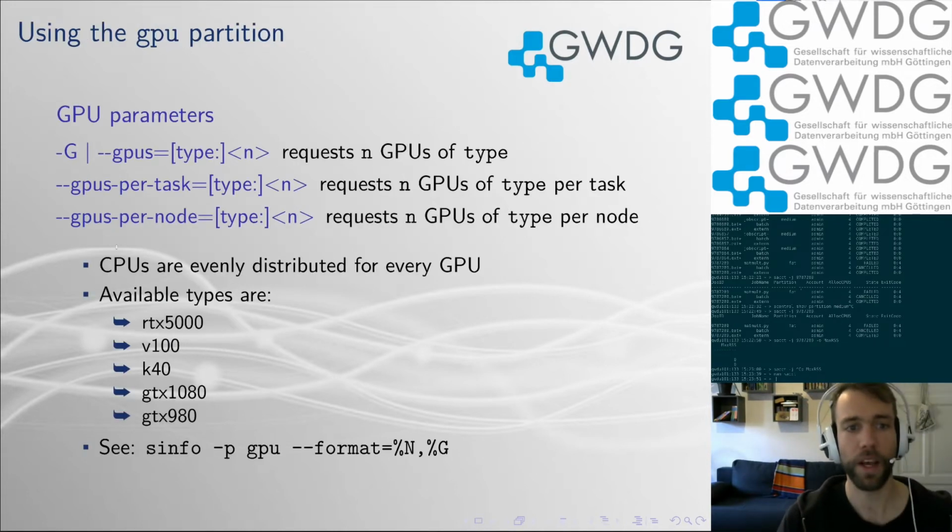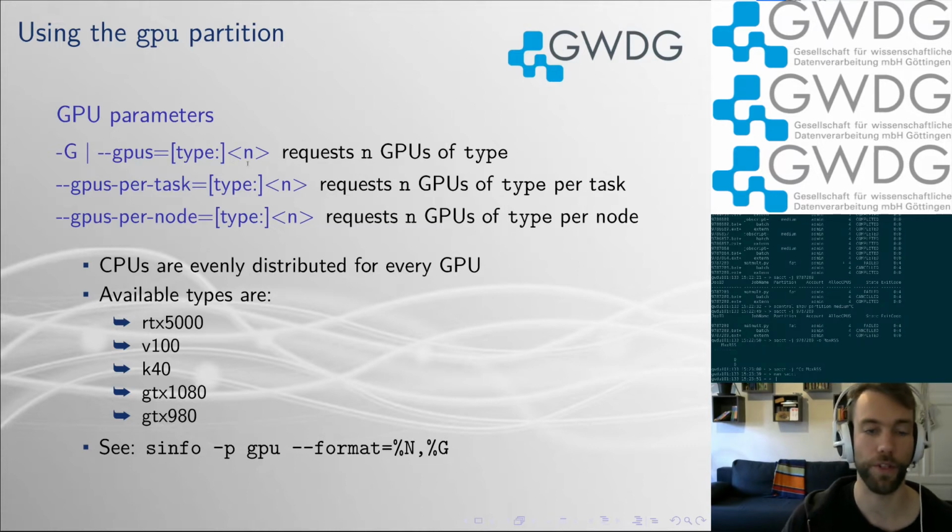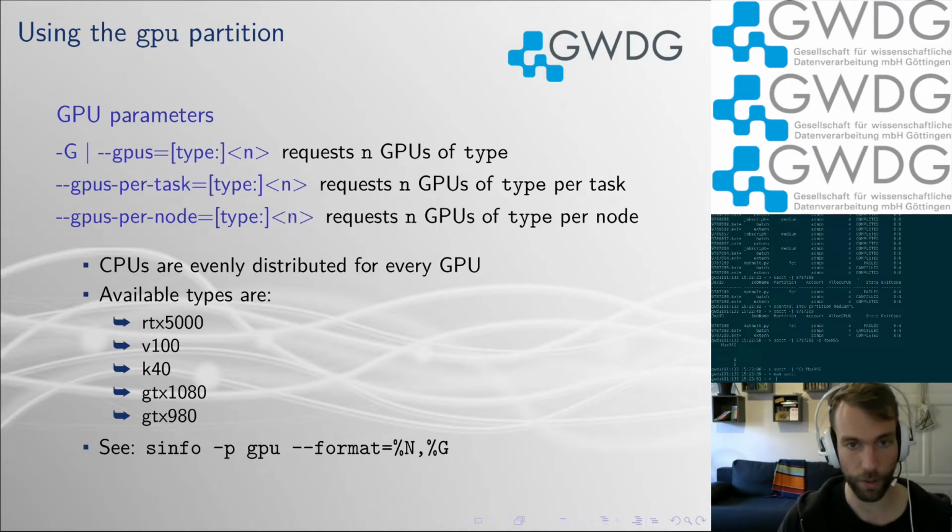Okay, what else? We have GPUs. I mentioned them at the beginning. They are in the GPU partition, so you can't do that on the medium partition, but you can request GPUs and specific types of GPUs. So the format is -g and then type:number. CPUs are pretty much evenly distributed for every GPU.